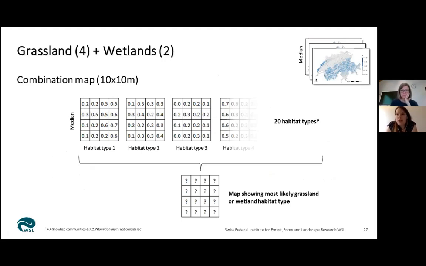Now the question arose, since we mainly did this to integrate the information about the habitat types into the overall habitat map of Switzerland: how should we integrate all these outputs from all these models?